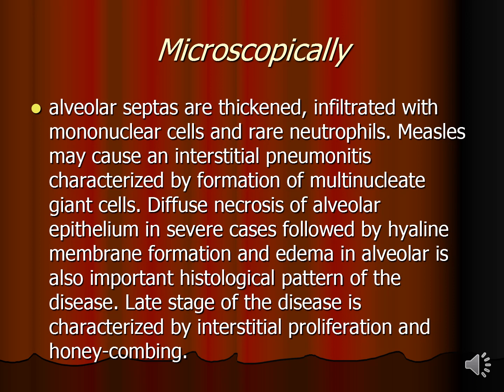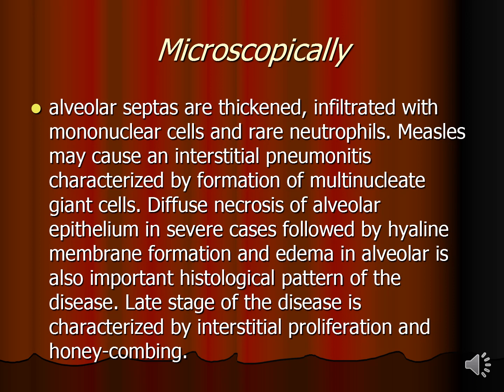Measles, for example, may cause an interstitial pneumonitis characterized by formation of multinucleate giant cells, diffuse necrosis of alveolar epithelium in severe cases, followed by hyaline membrane formation and edema in alveoli, which is also an important histological pattern of the disease.